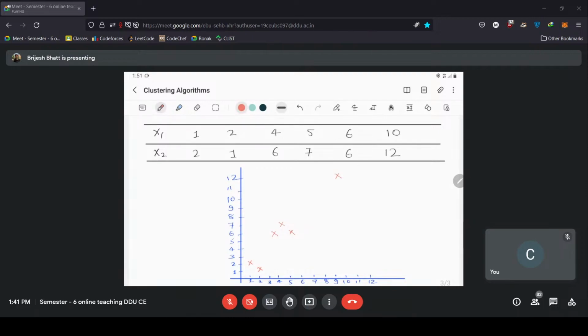Right? So we want to create three clusters out of this data, or it appears that these are three separate clusters. So let us see how our clustering algorithm works.